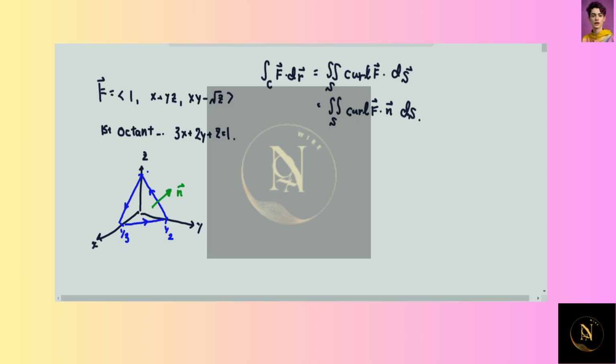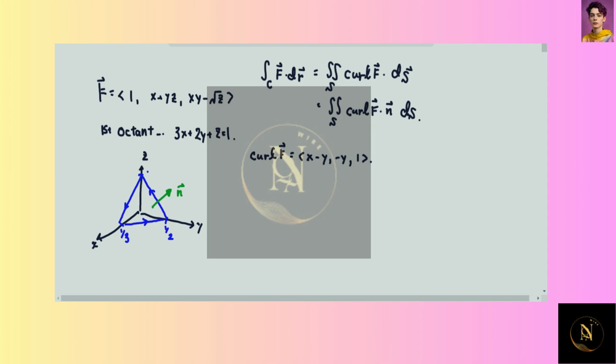All right, so let's start with finding the curl. This is going to be the vector x minus y, comma, negative y, comma, 1. It's quite straightforward, so I'll let you take a look at the details by yourself. And the normal vector, because the plane is given to you, it's quite straightforward to see.